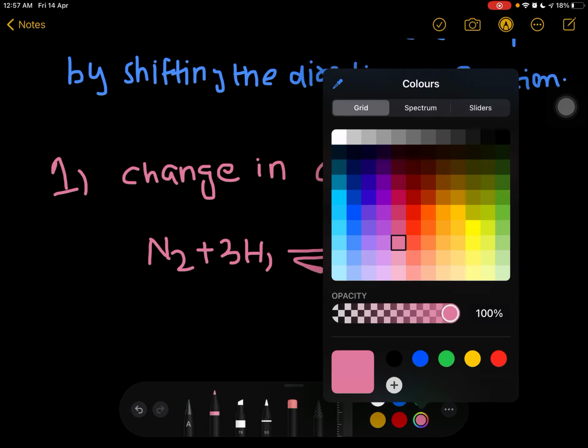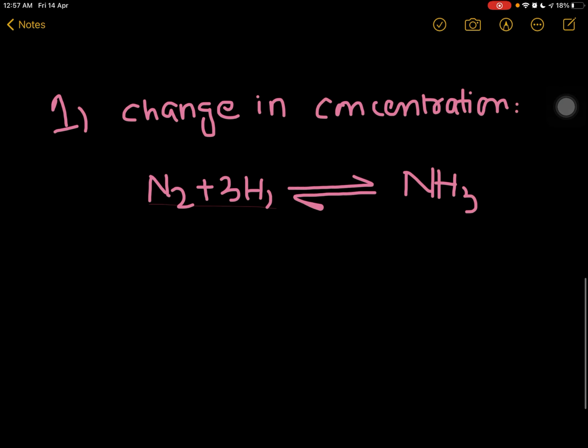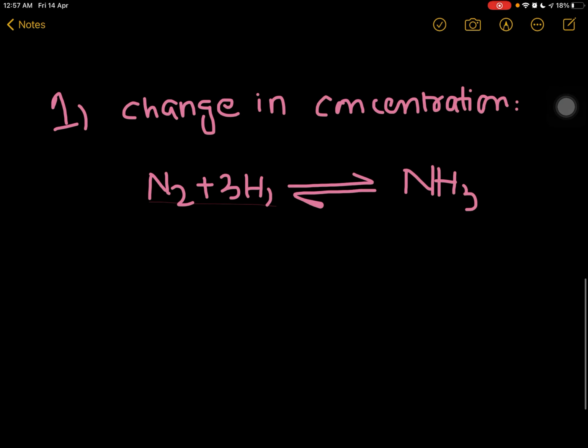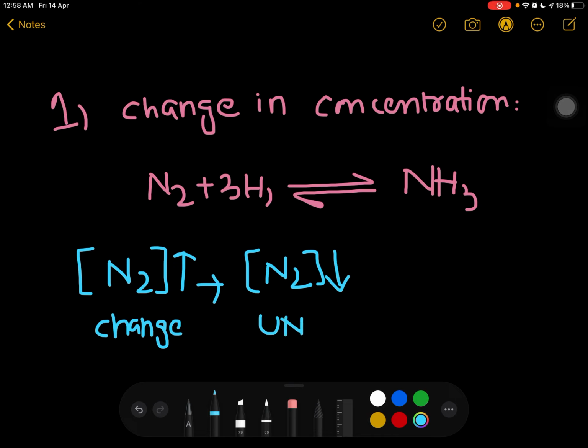This is the reaction. If I have increased the concentration of nitrogen, this is the change I have made. Now what will undo it? The concentration of the nitrogen will be decreased, that is the undo.